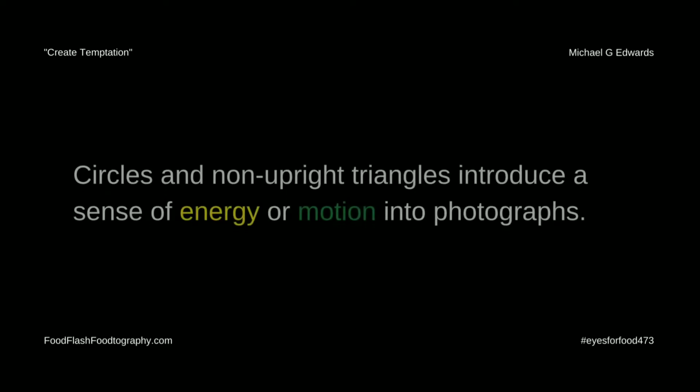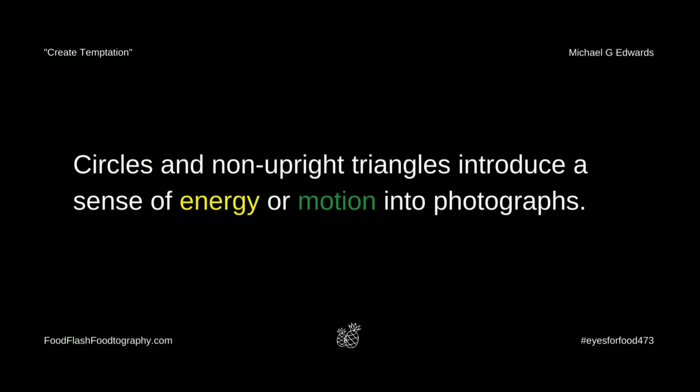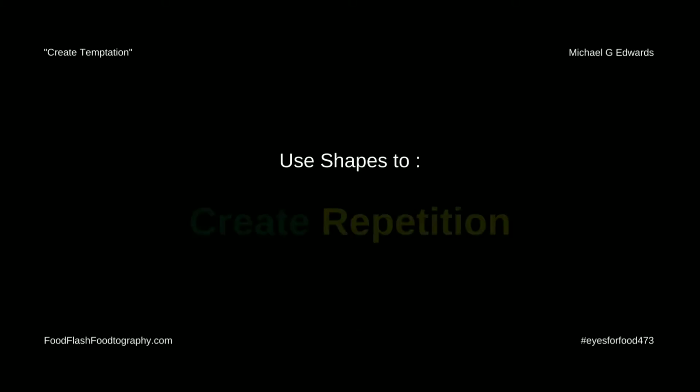Whereas circles and non-upright triangles, just like diagonal lines, tend to introduce a sense of energy or motion into photographs, and in my opinion, are more fun to view and interact with. Let's look at some more real examples of how I've used shapes in my food photography career.